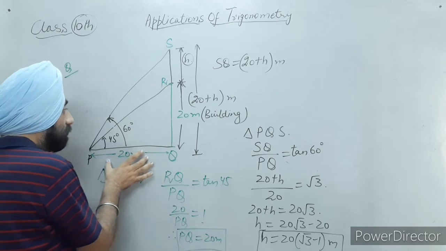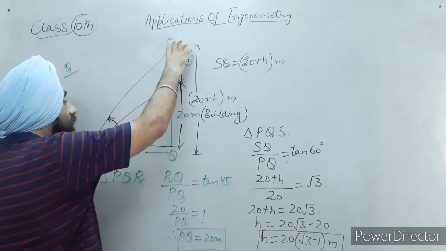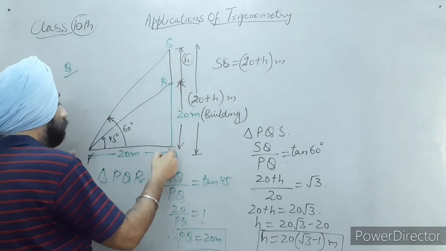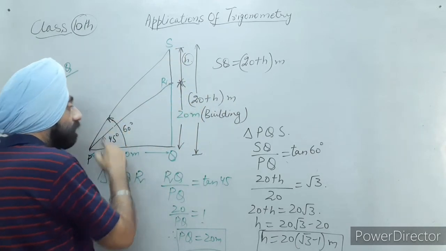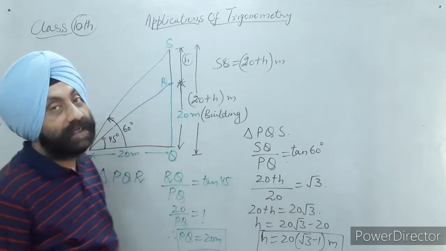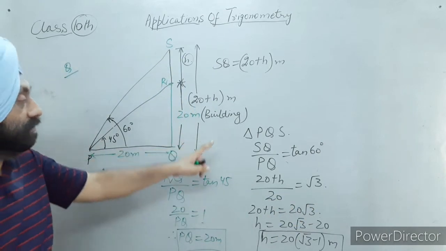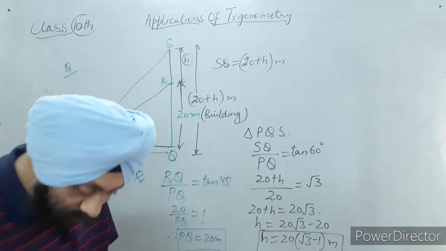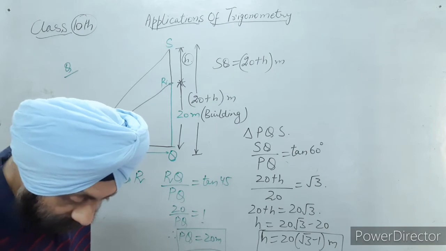Once I get the base, now I want to find this much portion. Total is 20 plus H. Perpendicular upon base, tan of 60 degrees. Tan 60 is root 3. Just get the value of the height of the tower from this. Now before I wind up, I will do one more question from this.